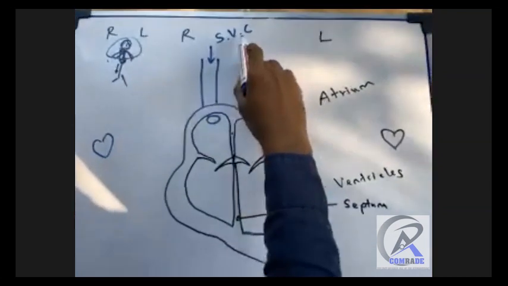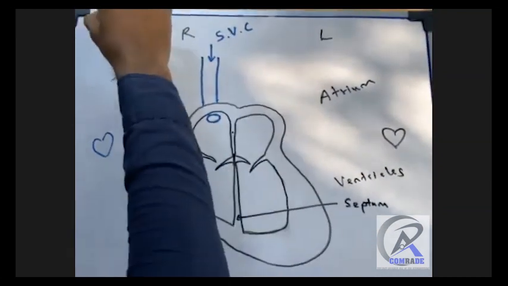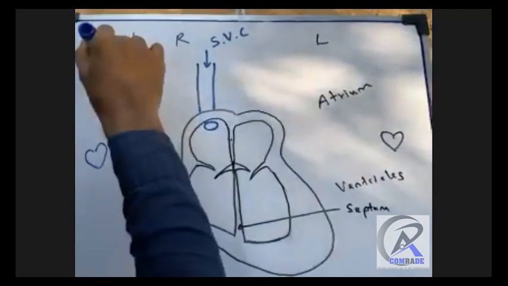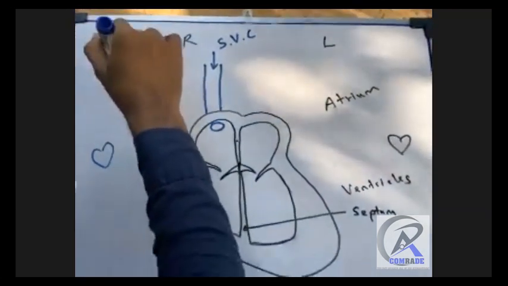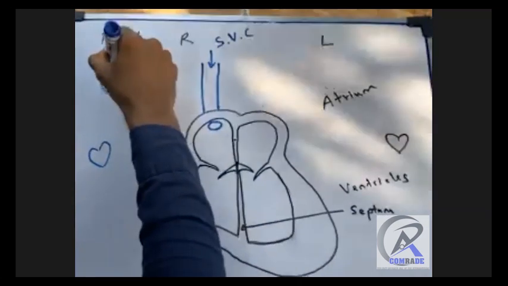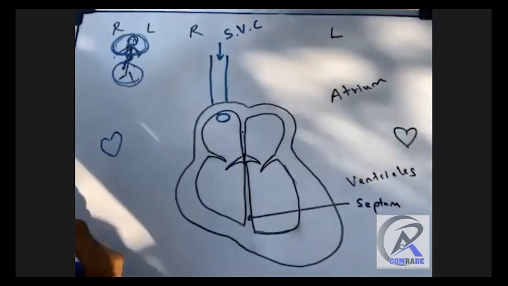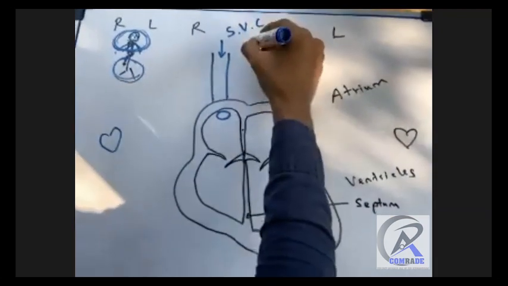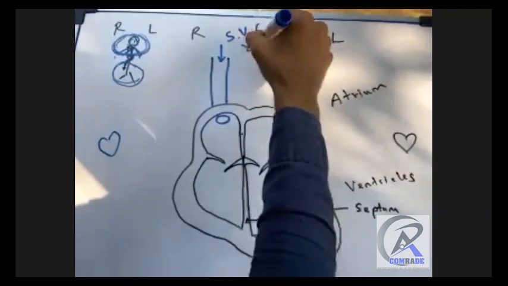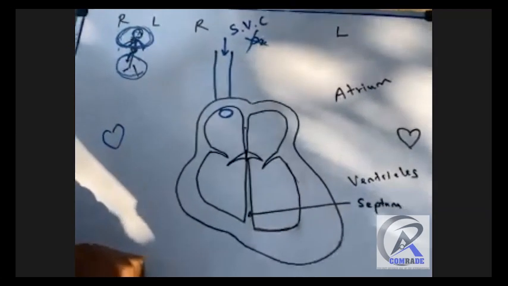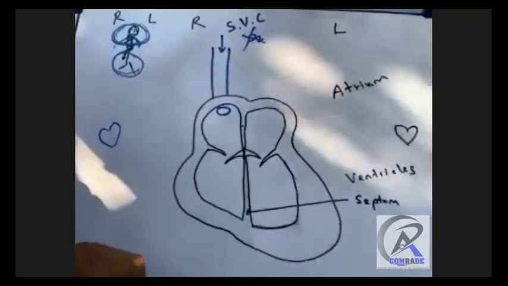If there's a superior vena cava, carrying blood from the top part of the body, there should be an inferior vena cava too, which goes from the bottom to the heart. These are used blood, so they don't contain oxygen. They are deoxygenated blood, not oxygenated blood.